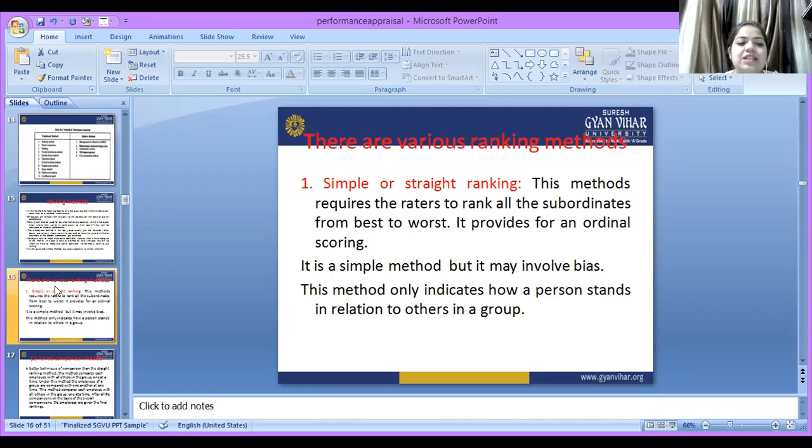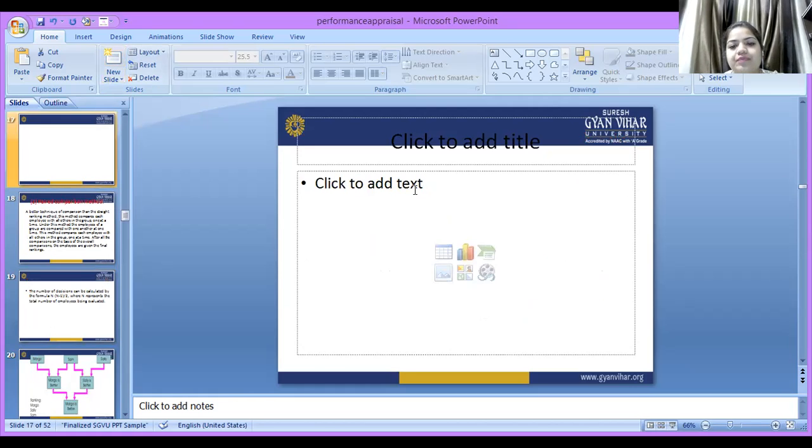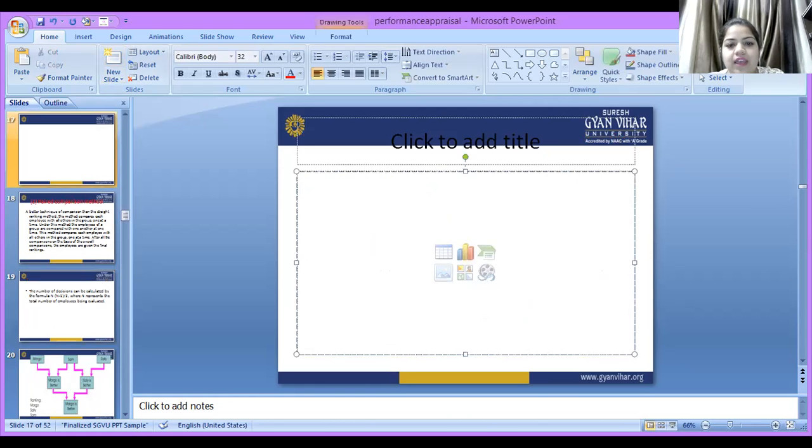So let's understand it through an example. Suppose there are 5 people working in the organization, A, B, C, D, and E. Maybe on their performance A gets 5, B gets 4, C gets 3, D gets 1, and E gets 2.